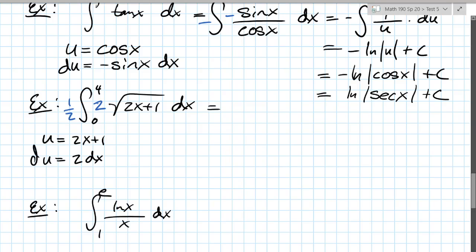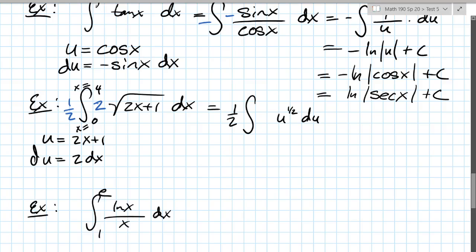So what does this become? We have 1/2 the integral of u to the 1/2 du. Now hold on. These limits of integration are x's. This says x equals 0 and x equals 4. But I'm not dealing with x's anymore. Now we're dealing with u.